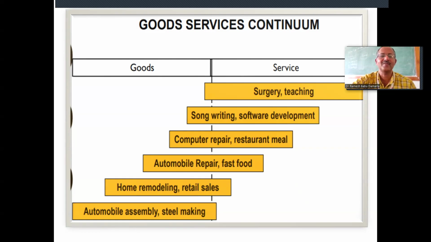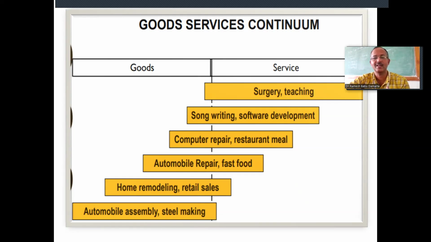In this diagram, from the bottommost, if you take automobile manufacturing assembly or steel manufacturing, raw materials are steel, different minerals and metals, energy, water, and several ingredients, and a transformation process takes place to assemble a car, or to make steel rails, steel bars, steel ingots, steel cubes in a steel plant.